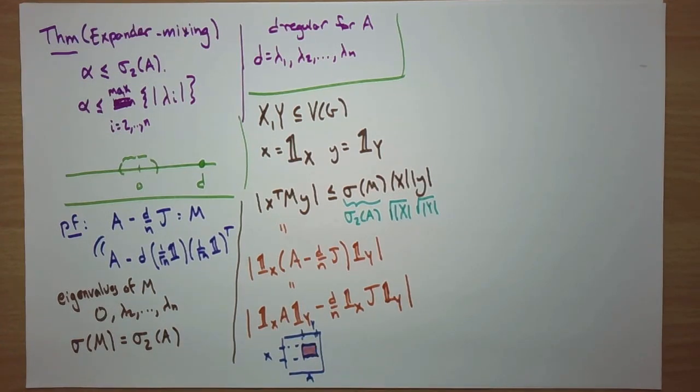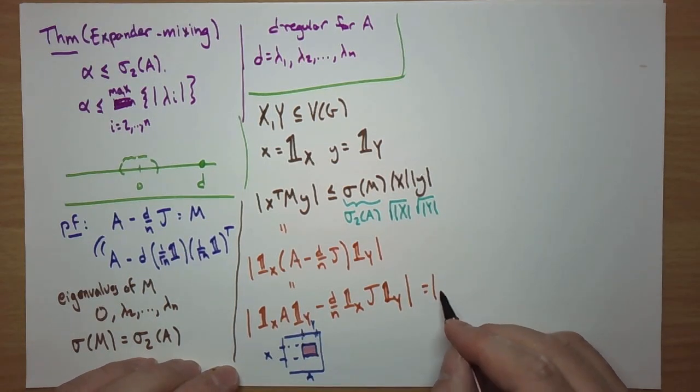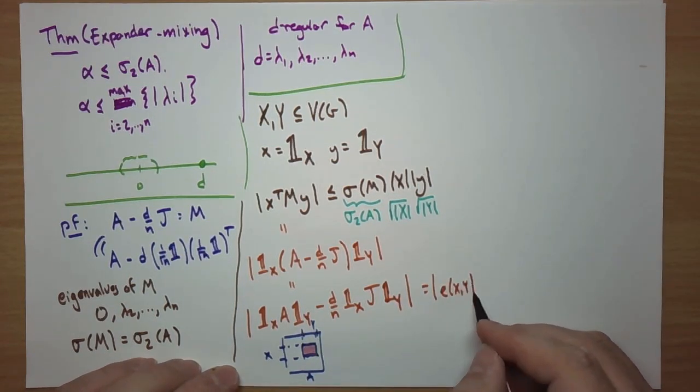That's what happens when you multiply on the left and right. So when you do that, what does the first term give you? It's the number of edges between x and y.